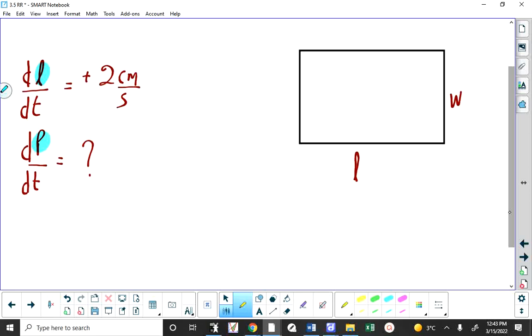Well, the perimeter of a rectangle, and you can look this up on your geometry formula sheet if you like, can be found by taking 2 times the length plus 2 times the width.